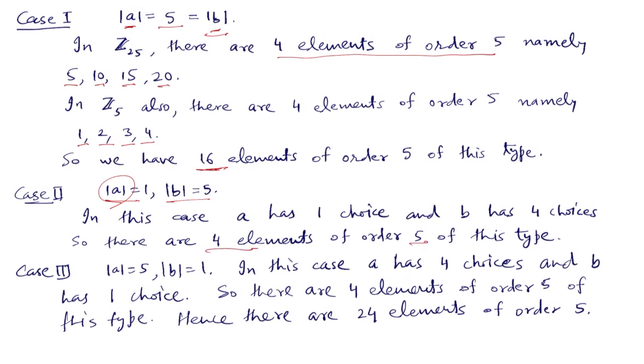Similarly, in case 3 we have the order of a is 5 and the order of b is 1. So here b has one choice and a has 4 choices. So in this case also we have 4 elements of order 5. So overall we have 16 plus 4 plus 4, that is 24 elements of order 5 in the group Z25 direct sum Z5.